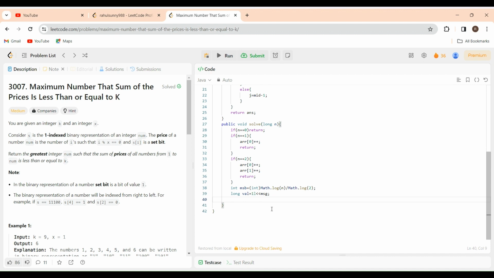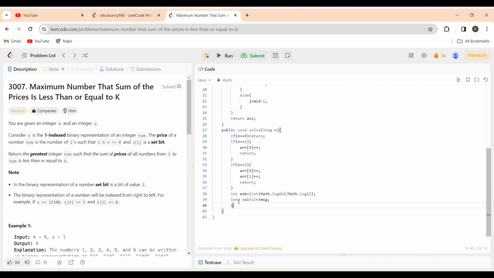Now we have considered the MSB and the val here. Now we have to calculate how many set bits there are at the MSB index. How to calculate that? We consider long answer equal to n minus val plus 1.